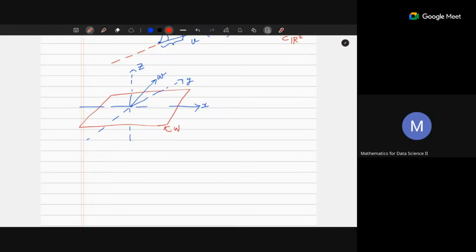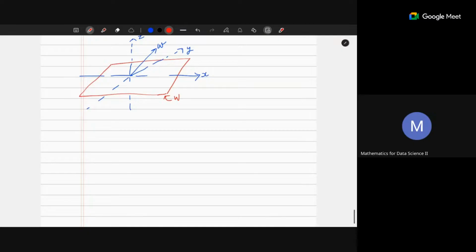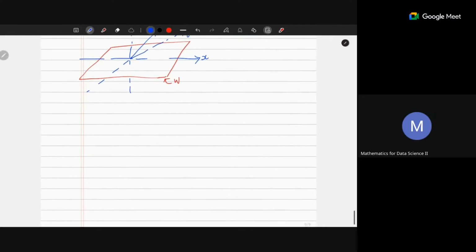So before introducing projection on subspaces, let me talk about the projection of a vector onto the span of an orthogonal subset.